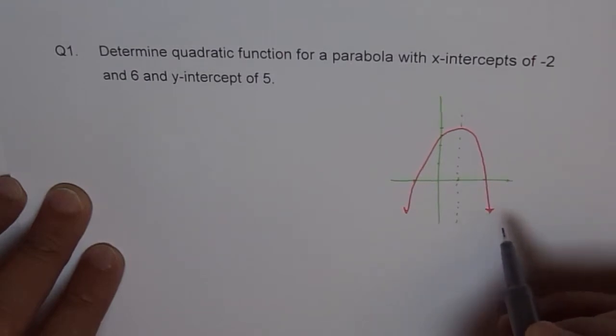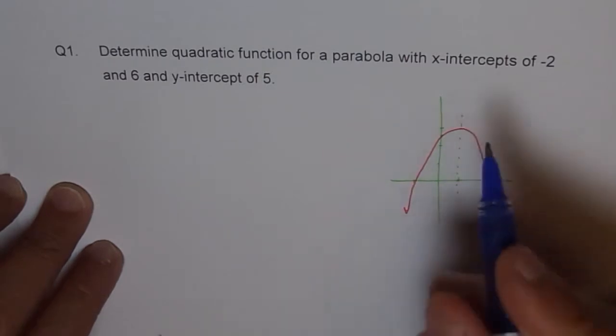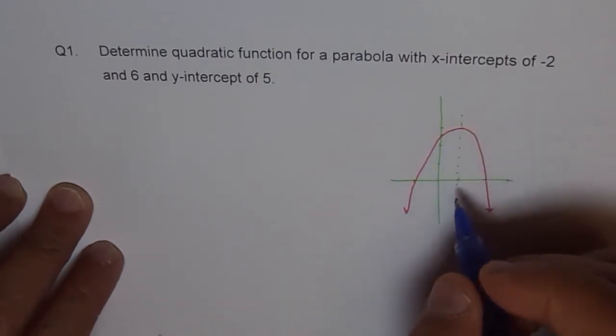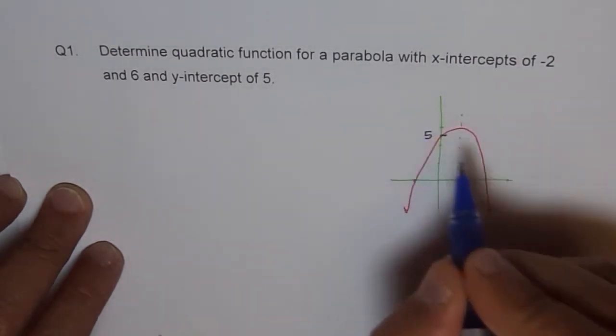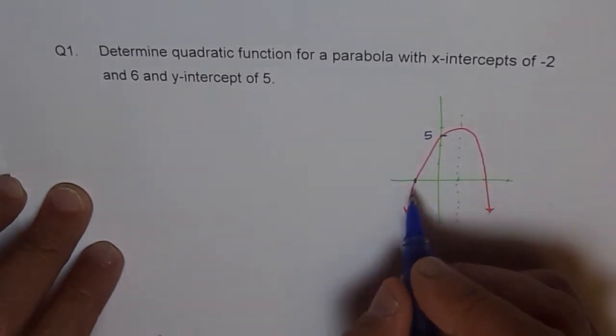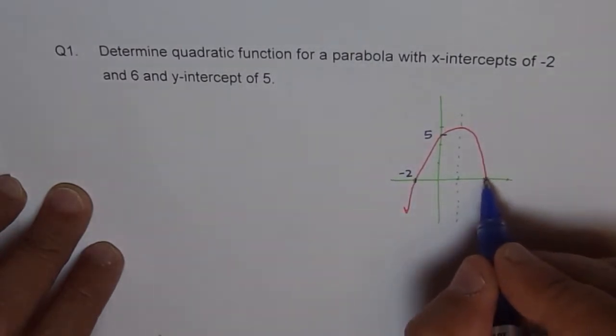So that's my parabola. This is my axis of symmetry. This point is my y-intercept, which is at 5, and these are my x-intercepts at -2 and 6.